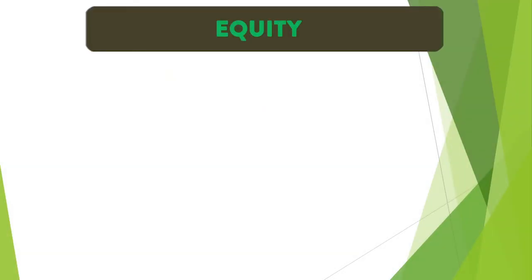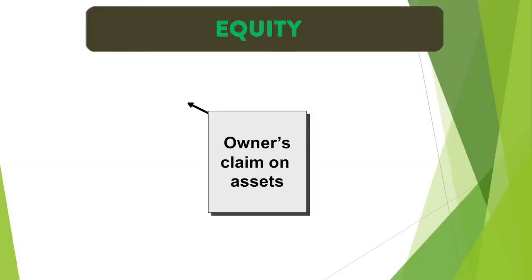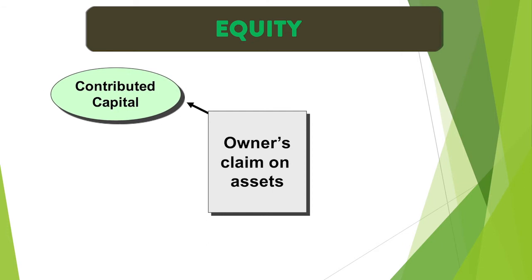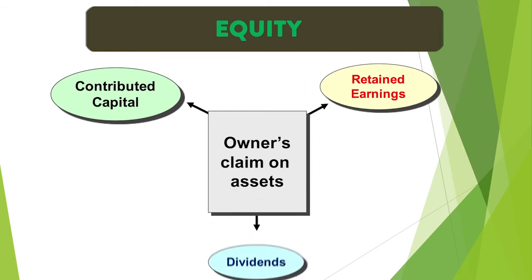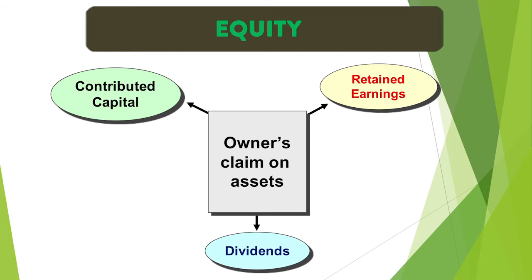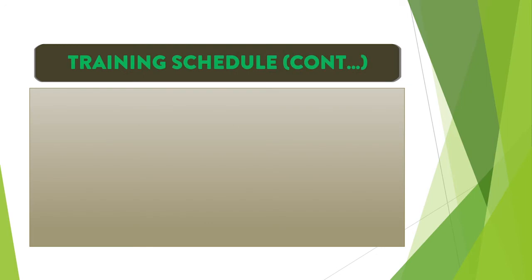Equity is also made up of capital contributed by the shareholders in terms of share capital. Then in the equity, you will also find dividends. All these are components of the balance sheet.